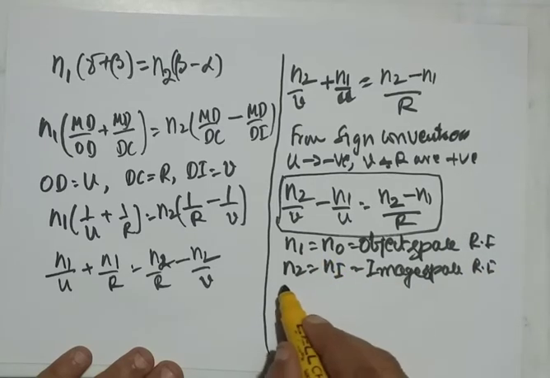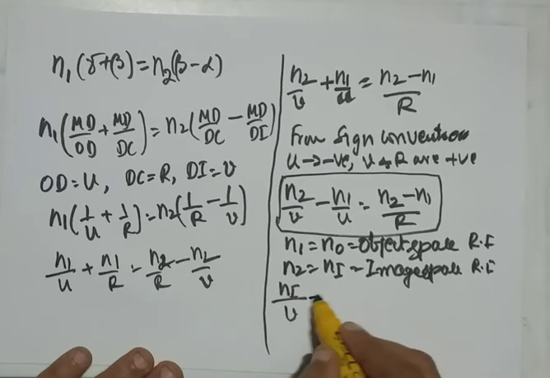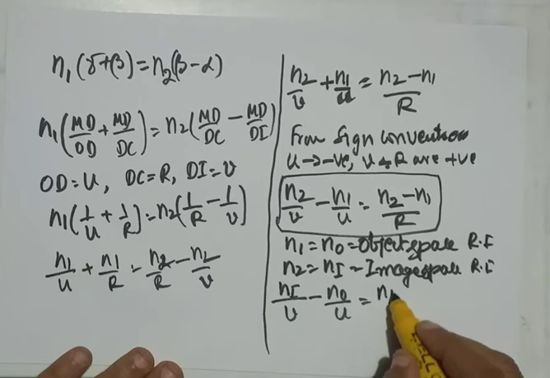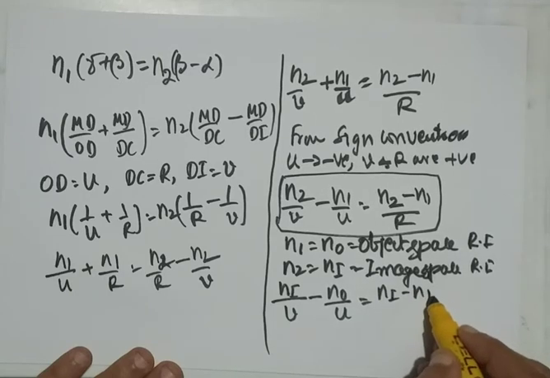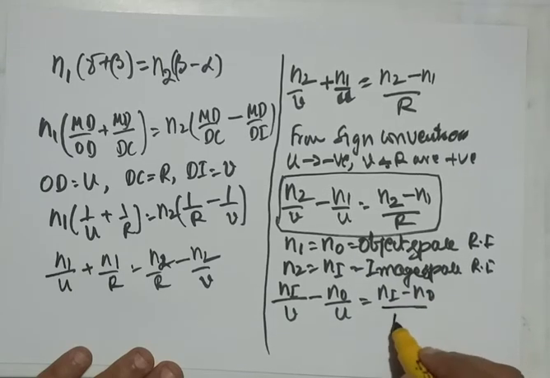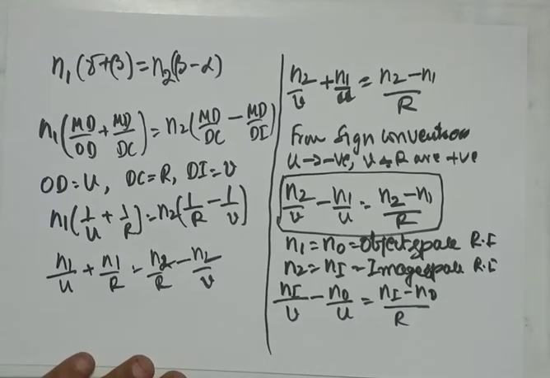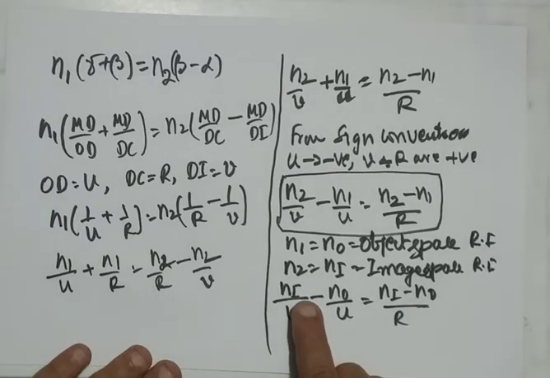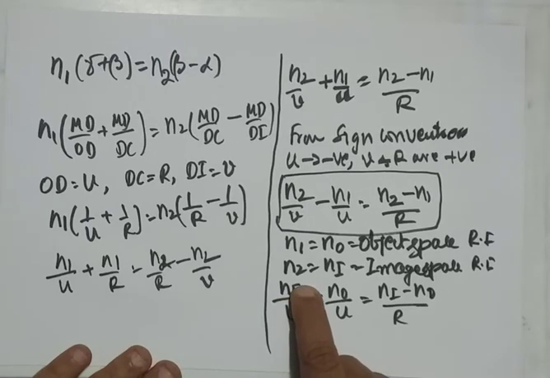Therefore, we can write Ni by V minus NO by U equals Ni minus NO by R. Observe, this will help us to remember this formula easily. Ni, the refractive index of the image space, divided by the image distance.